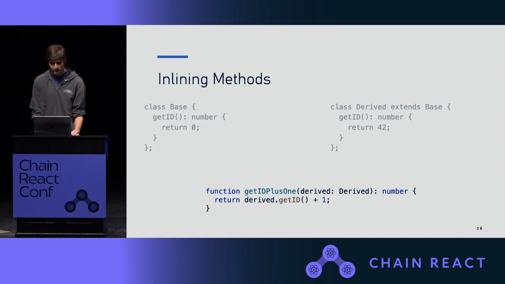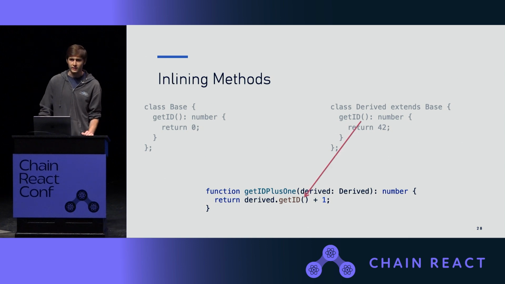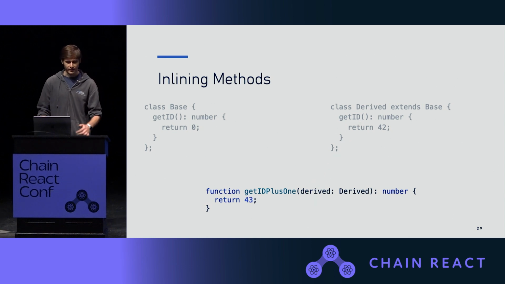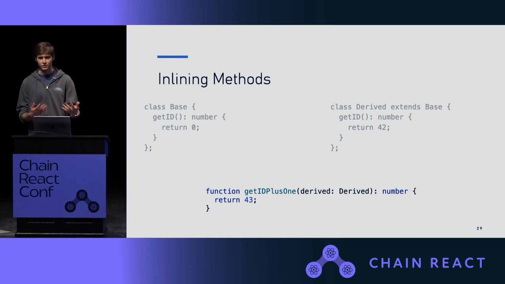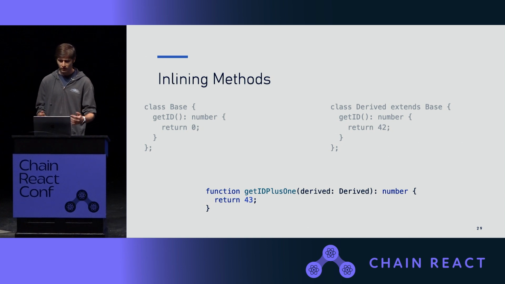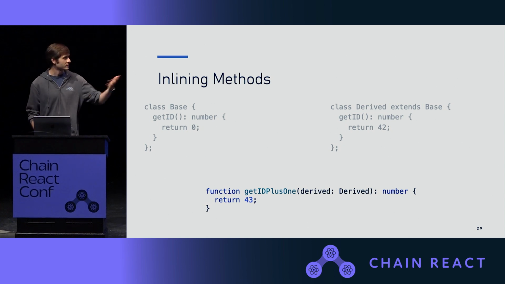In that case, it can annotate the call to getID with the actual getID function on derived, and inlining is possible here. After inlining, it can further optimize it. So now this is just returning a constant 43. So what used to be a property lookup and addition and a call is now just a static constant.